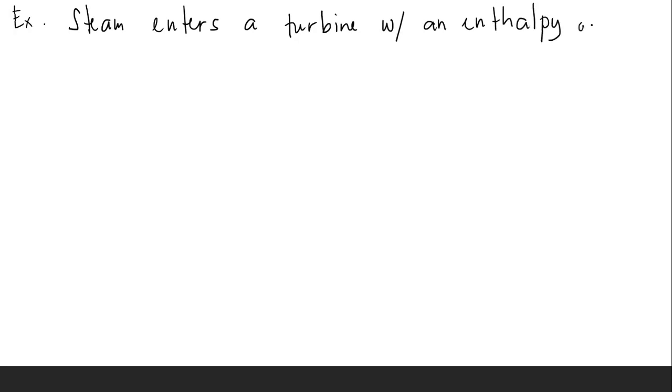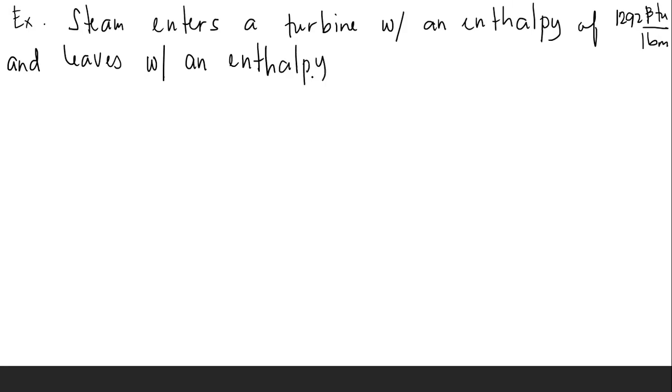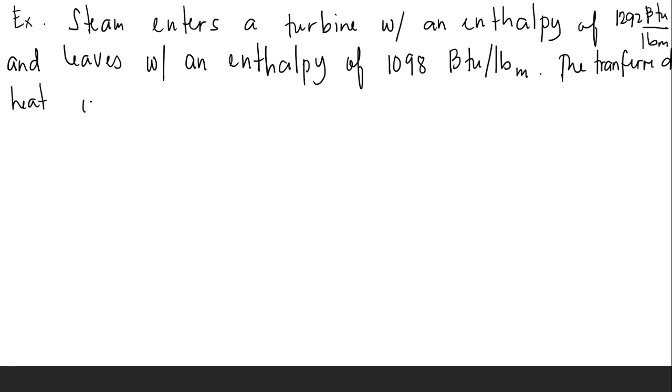Example. Again, from the book of Santa Maria. Steam enters a turbine with an enthalpy of 1,292 BTU per pound mass and leaves with an enthalpy of 1,098 BTU per pound mass, the transferred heat is 13 BTU per pound mass.